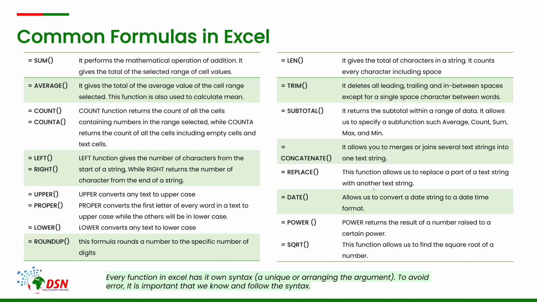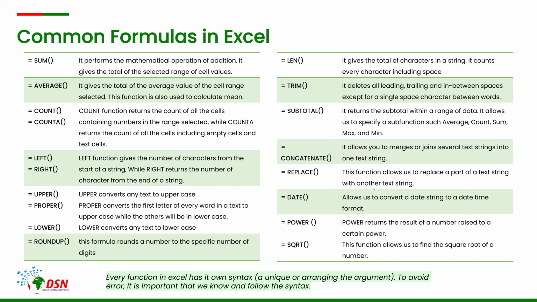And it doesn't just allow us to do total, it allows us to do count, median, and average. So we are going to look at how to use subtotal, because when you select from 15 to 20 out of your data and you want to get the mean, you can't actually return the value like that ordinarily. So subtotal is very useful in that case.